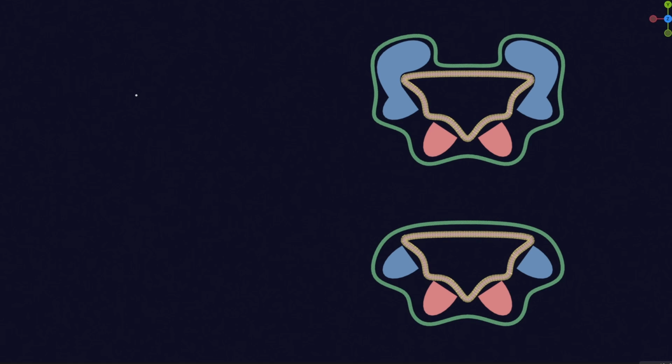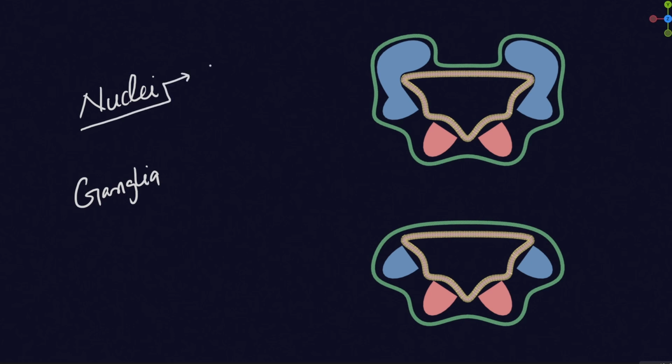Trust me. The groups, aggregates or clusters of neuronal cell bodies can be called nuclei, as well as ganglia. Both statements are correct. But if such aggregates are in the central nervous system, then we call them nuclei.